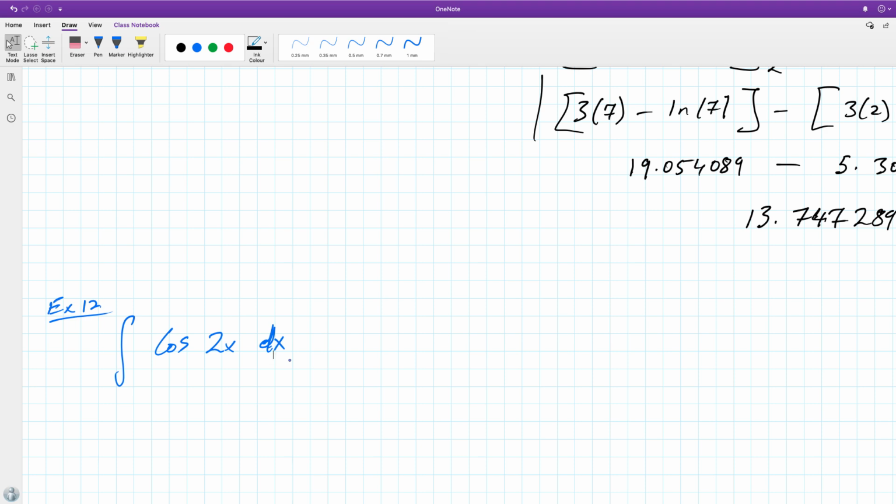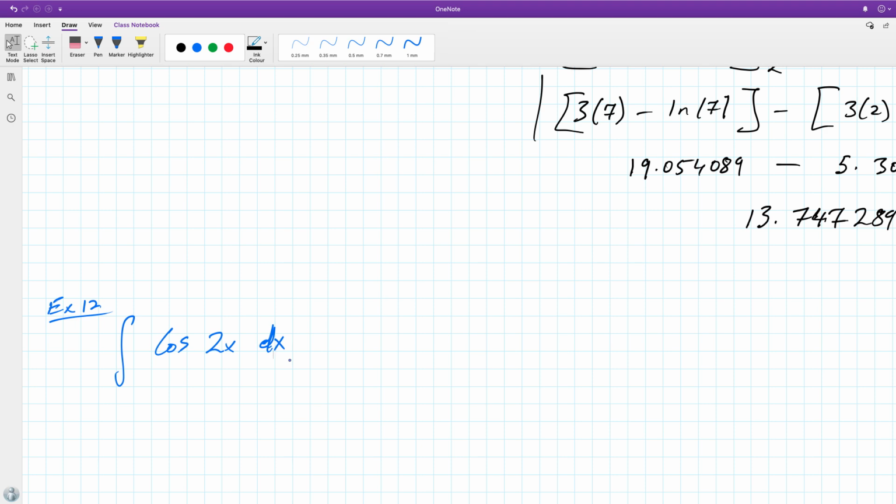Unfortunately, you're not allowed to bring your own logbook to the exam seat to just try to remember it. When you integrate cos, you get sine, and the a of x of it, it's over a.